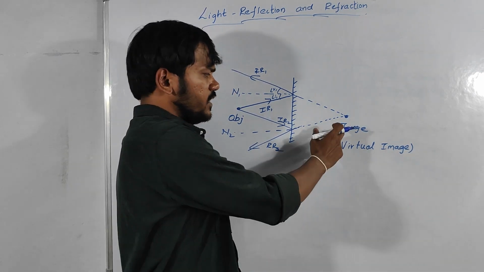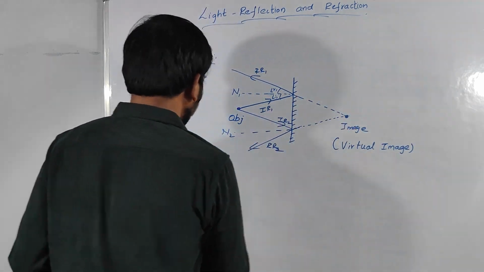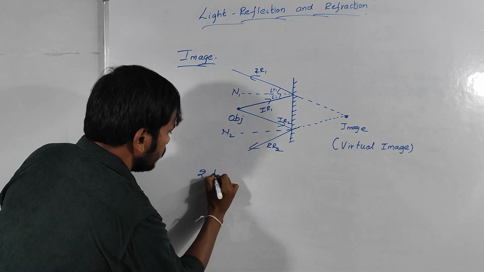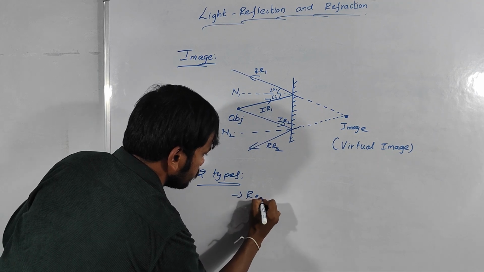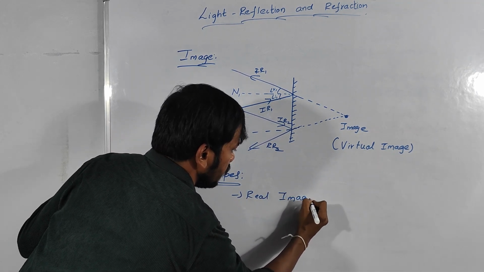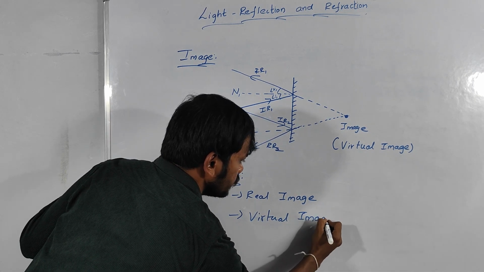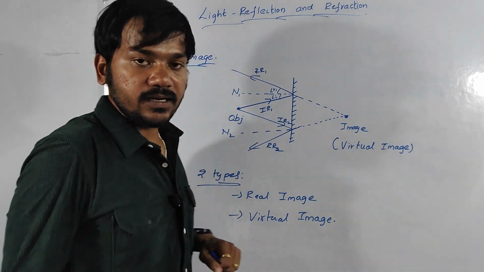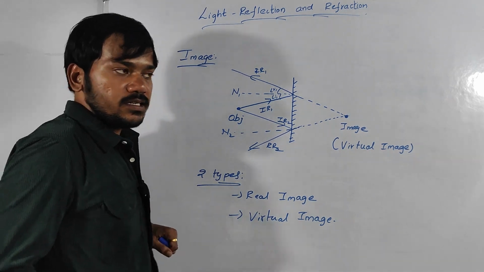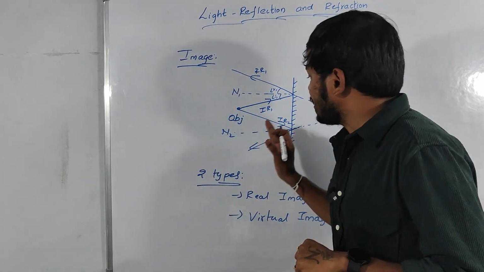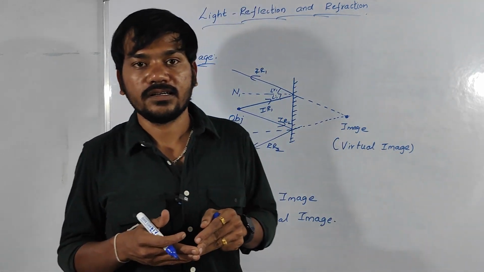Sir, if you are saying virtual image, there must be some other types of images also. Yeah, we do have images of two types. What are those? Real image and virtual image. So what is a real image? A real image is formed whenever the reflected rays directly intersect each other and meet at a point.